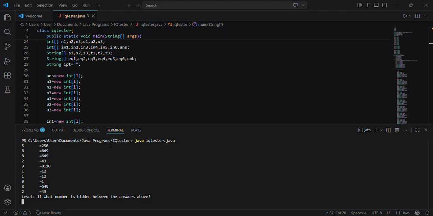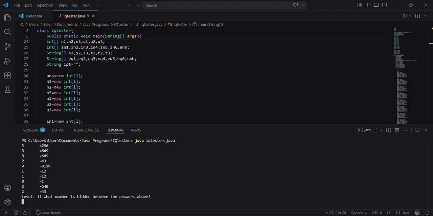Here we can break it into two: 5 multiplied by 5 is 25, and 5 plus 1 is equal to 6. Simple as that. Next to it is 8 multiplied by itself, which is 64, then 9.